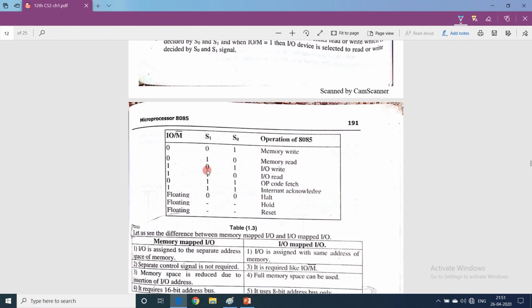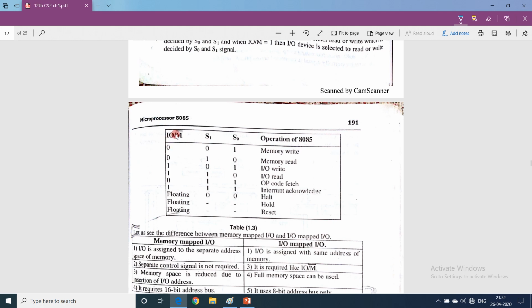So here is the table given. This is the signal at the IO/M bar pin. If IO/M bar is 0, the signal at S1 is 0 and the signal at S0 is 1, it is used to write data in the memory.